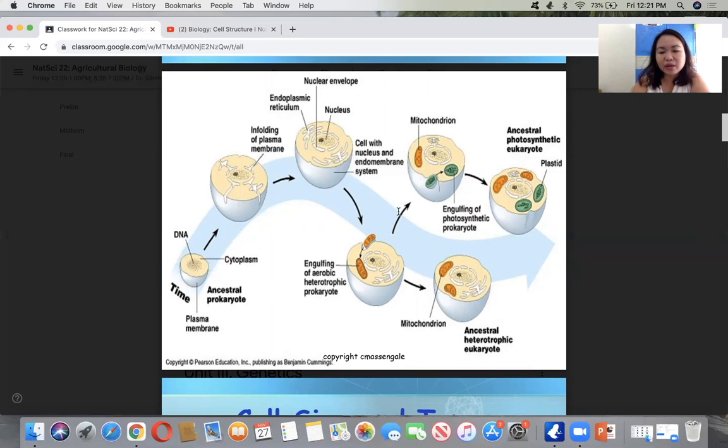And they have also been able to explain the division of the cells using the mitochondrion, and in the ancestral photosynthetic eukaryote.